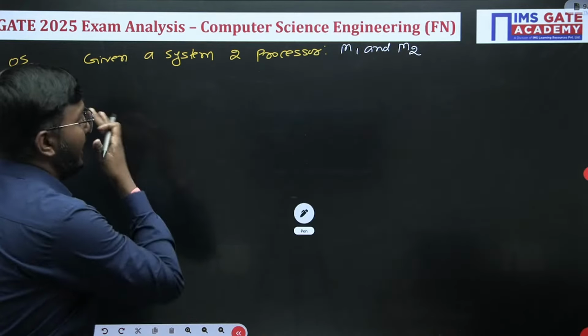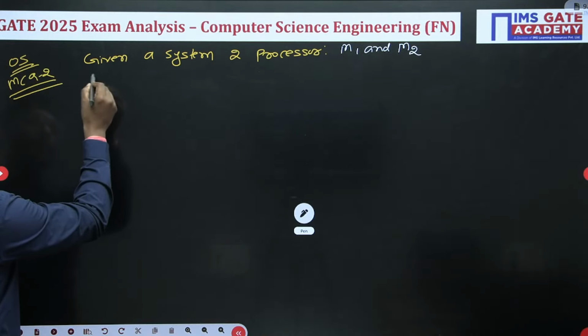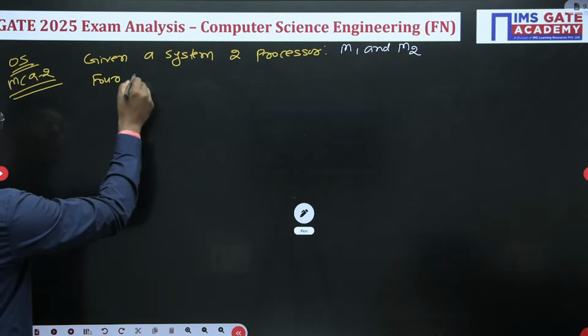In the system we are given four processes, P1, P2, P3 and P4, and their burst times are also given here. The P1 burst time is 20, P2 burst time is 16, P3 is 25, and the P4 burst time is 10.